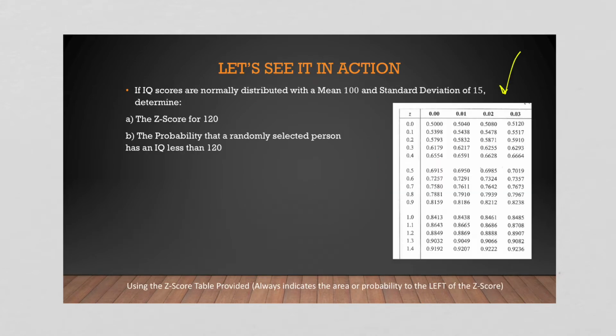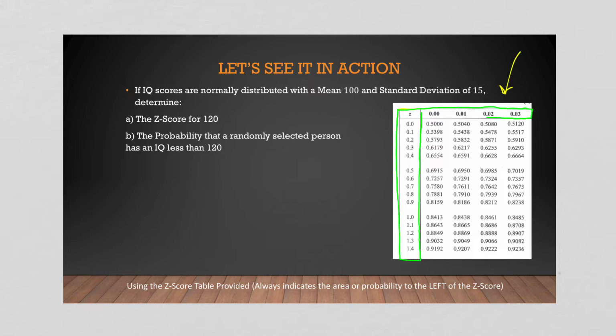So here's an example. This is a snippet of a z-table. The column here is your z-score, but only to the tenths. And then the row here increases our tenths.